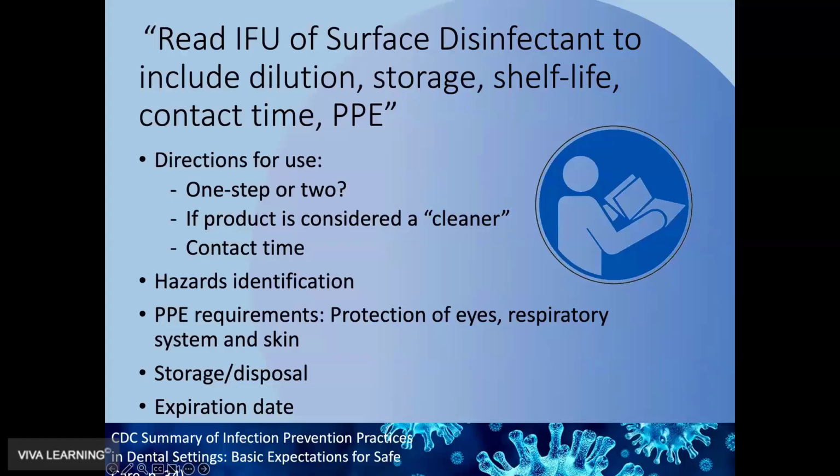If the product is a good cleaner, we want a product that is good at cleaning as well as disinfection, and of course the contact time. And I kind of covered the rest of these items as well: hazard identification, PPE, storage, disposal, and expiration date as well.